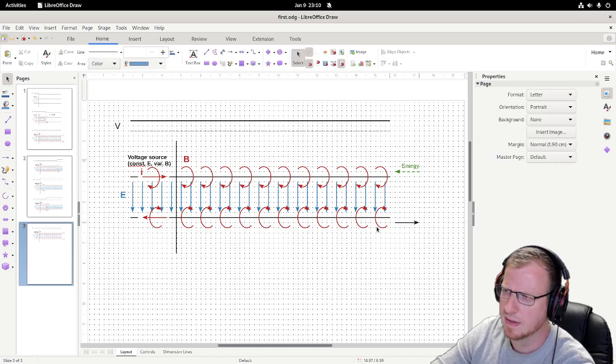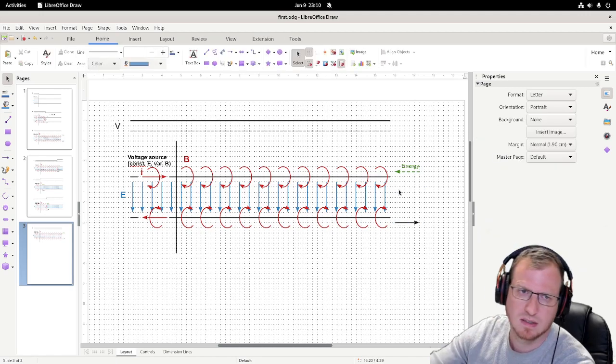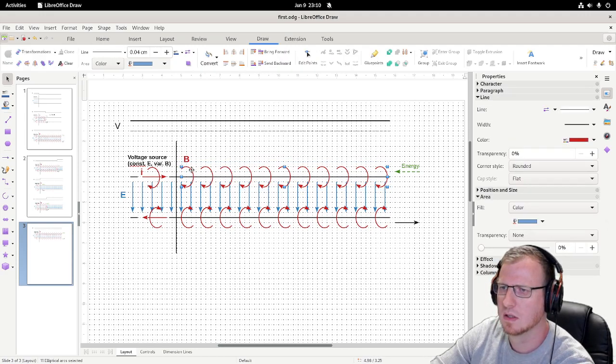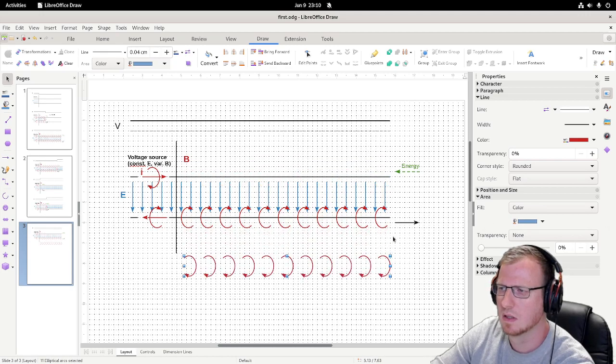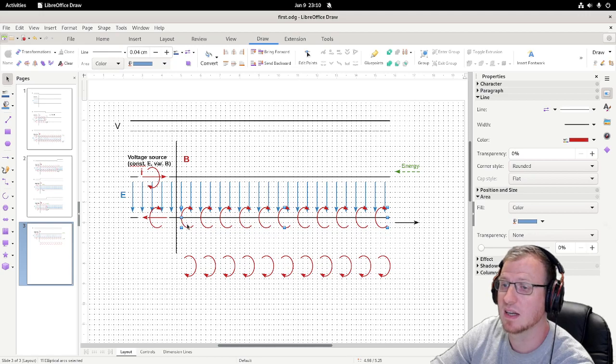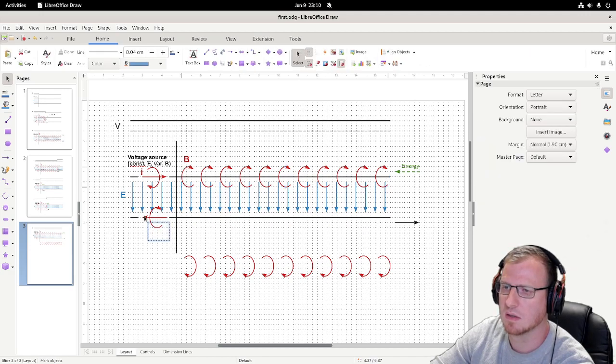Perfect. The energy was sucked out of the transmission line, and we had the situation that the magnetic field had the opposite direction. And the same here.